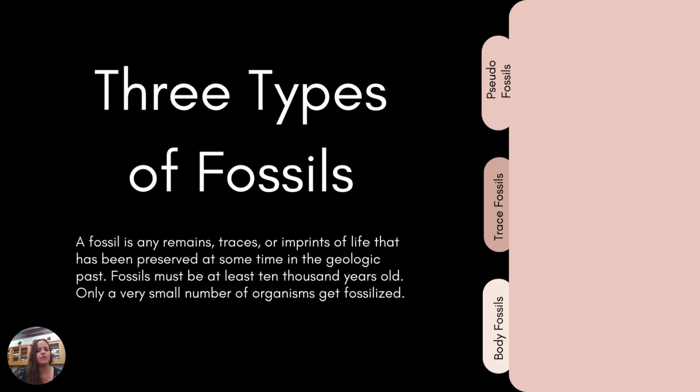We have body fossils, trace fossils, and pseudofossils. So again, any fossil is remains, traces, or imprints that tell you that life was there. Okay, so these can be millions to tens of thousands of years old. There's a really wide range. Generally, the better preserved they are, the better we're going to be able to get information from them.